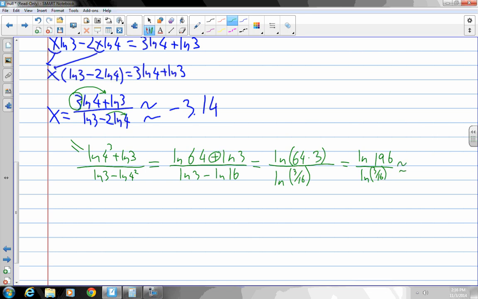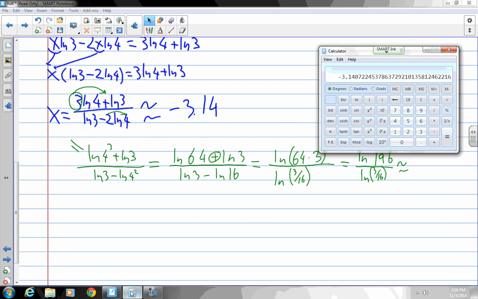If I plug that into a calculator, 196 natural log divided by 3/16. Okay, I have to be more careful. Let me do 3/16 first. Take the natural log, put it in the denominator, times 196 log down. What? That gave me the wrong answer. It's not 196. What is it? 192. Okay.